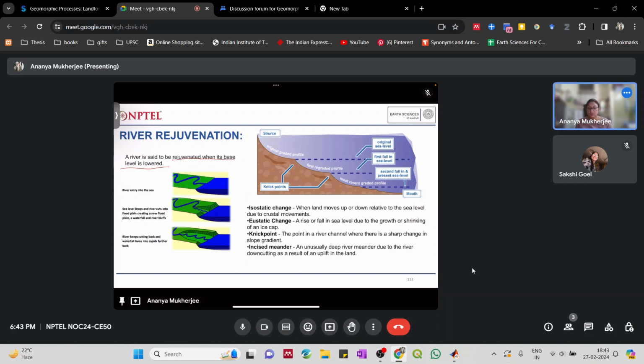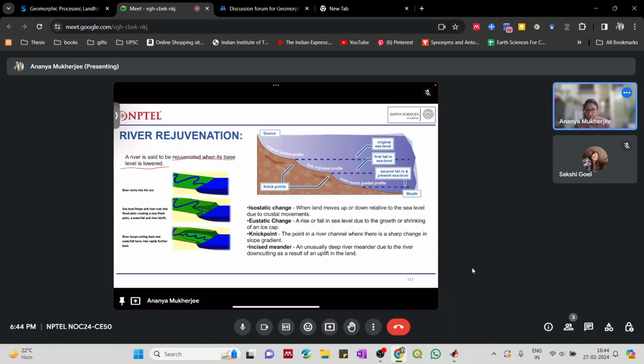So you can see over here that at this region the river is entering into a sea. Okay, as we said, the vertical erosive power of the river at the older stage is low. It can erode significantly in the lateral manner, but in the vertical manner it is low.